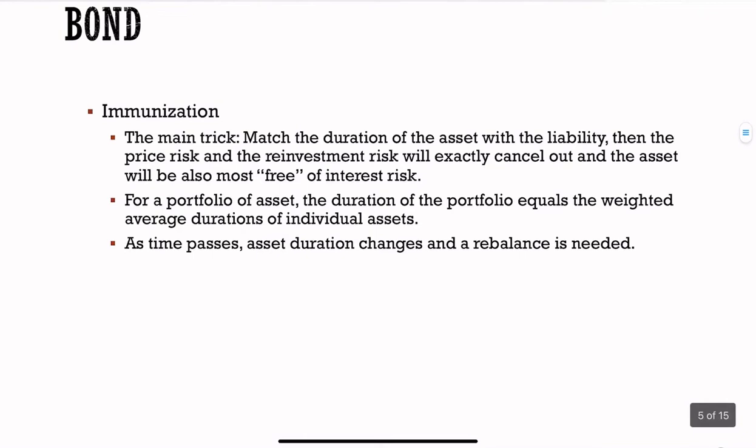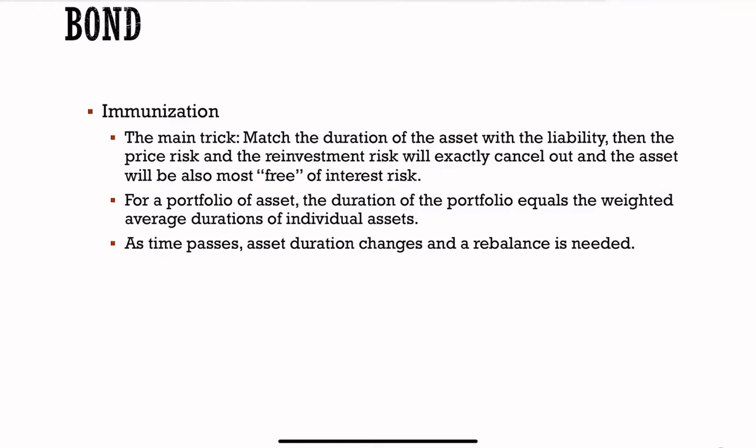And then we talk about a very important application, which is to use immunization to manage interest rate risk. So it's really a risk management technique. The trick of the immunization technique is you want to match the duration of the asset with your liability, right? Think about a pension fund.